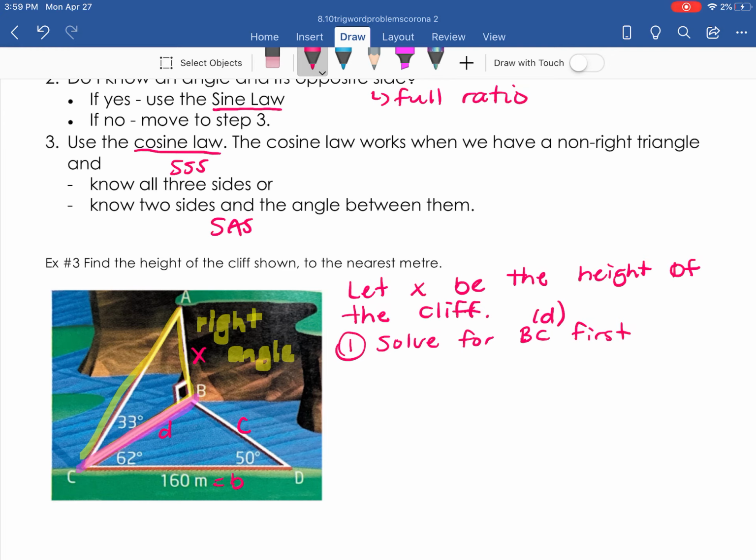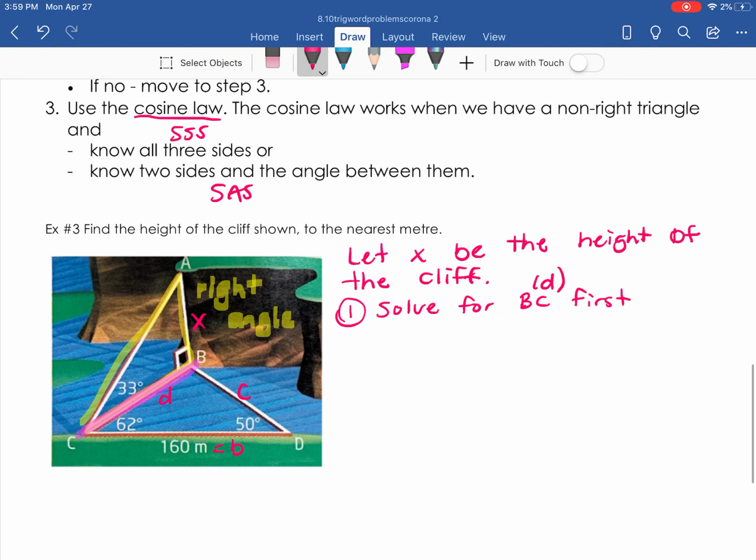No, it doesn't look like we do, except we can really easily solve for angle B. In the bottom triangle, BCD, we have 62 and 50, so the sum of the angles has to equal 180. So we get 68. And again, as you're going, fill it in.